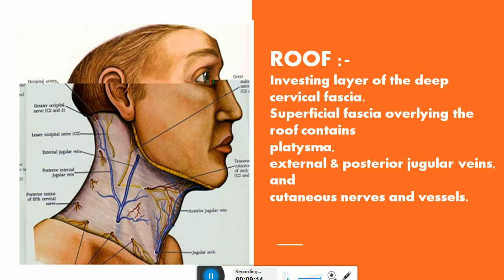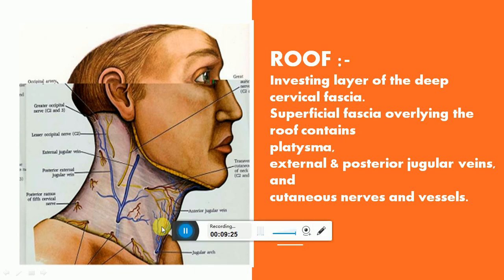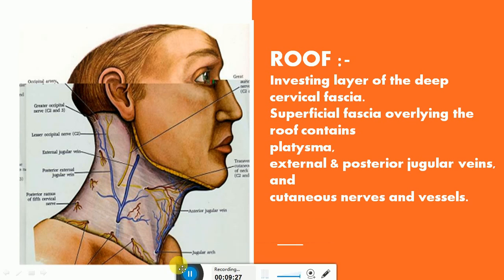Just below the skin we have superficial fascia, which is having platysma, which is having jugular veins, external jugular vein and posterior jugular vein, along with that cutaneous nerves. Just below the nerves we have investing layer of deep cervical fascia. All these structures, they are forming the roof.